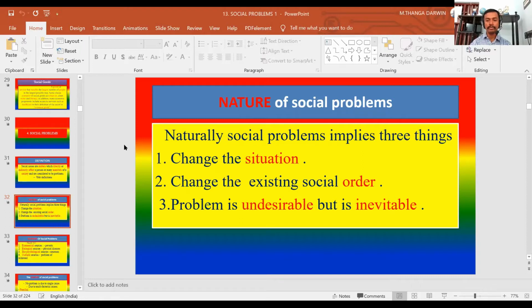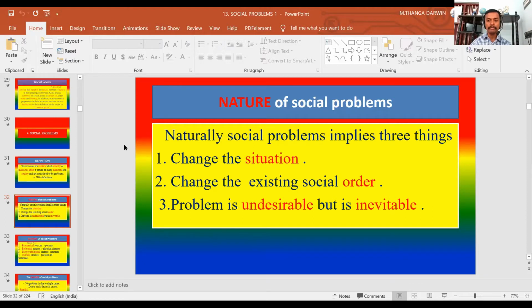Nature of social problems. First, they change the situation. Mainly, the social situation may be changed. Second, they change the existing order.